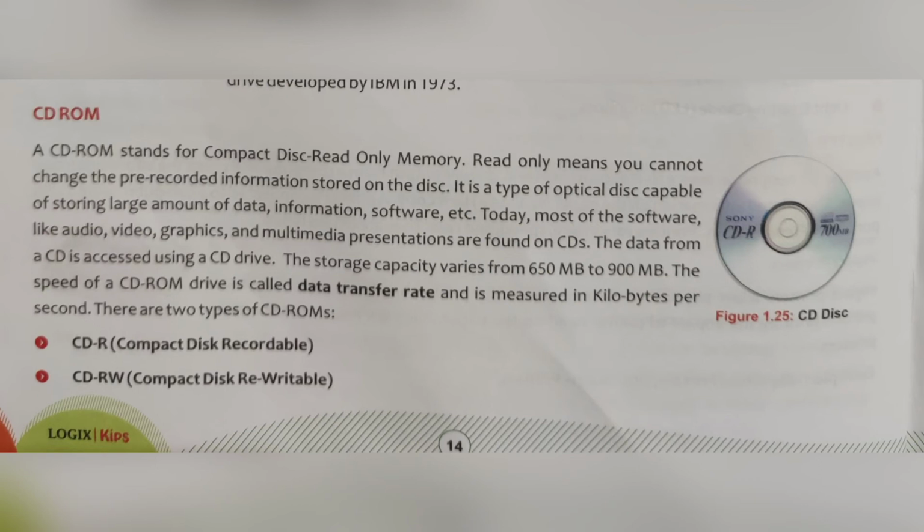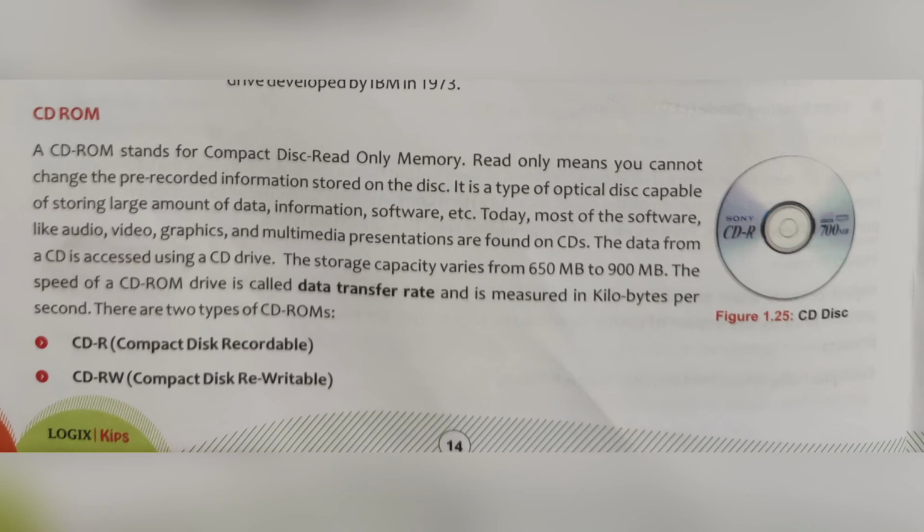It is a type of optical disc capable of storing a large amount of data, information, software, etc. Today, most of the software like audio, video, graphics, and multimedia presentations are found on CDs. The data from a CD is accessed using a CD drive.